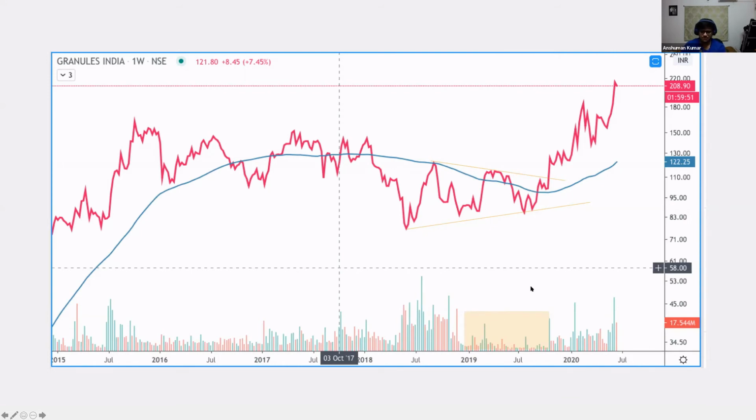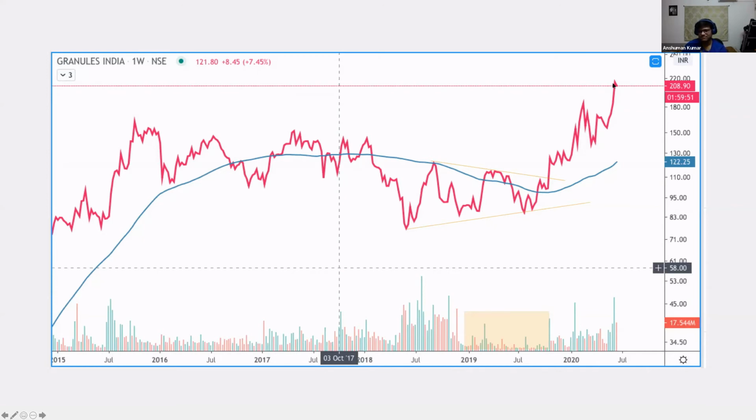Now, when you talk about Granules, we had this entire phase of roughly about 2 years, just less than 2 years, about 18 months. But look at how fast this stock has moved from 120 to 208. And this is just from the end of 2020 until now, despite all the issues, despite the pandemic.